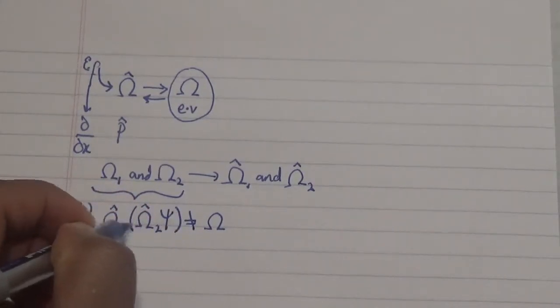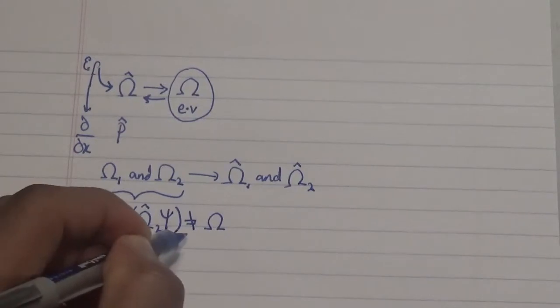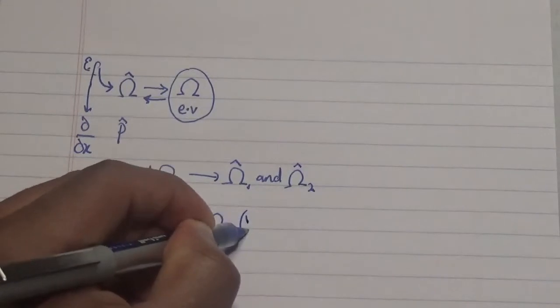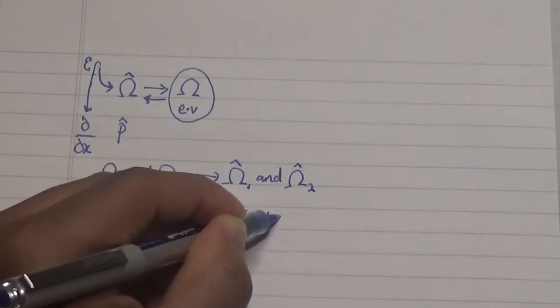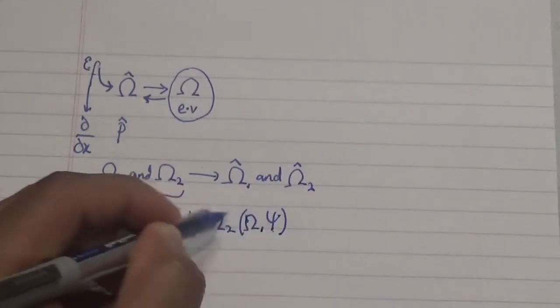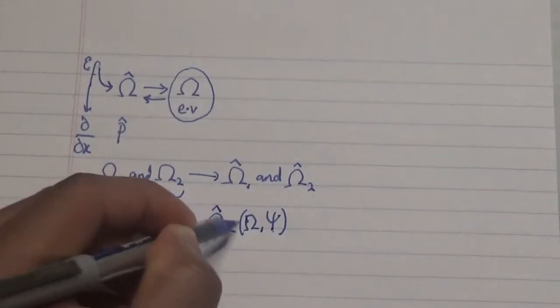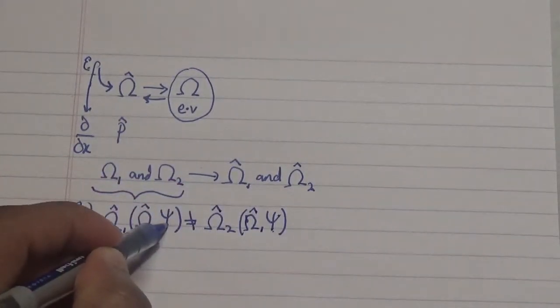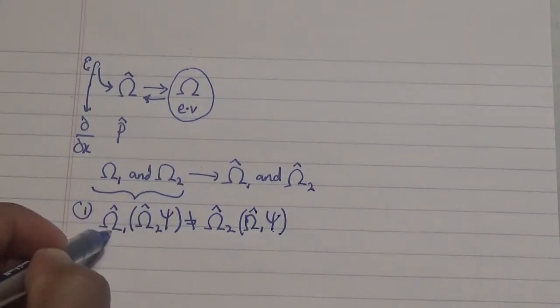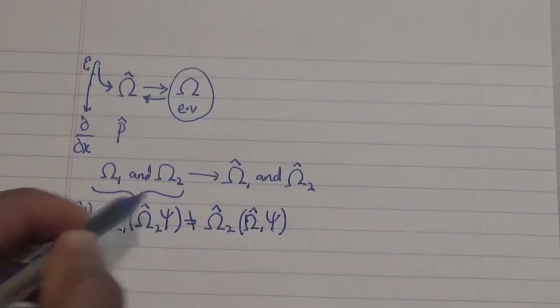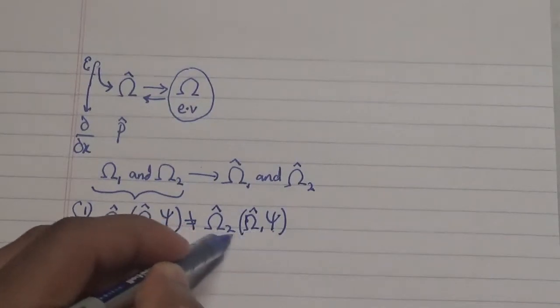However, if they are not interchangeable, then they won't give you the same result. So this eigenfunction here is applied to operator 2, omega 2, while the same eigenfunction over here is applied to operator 1, where you get a result that is completely different from the result over here.